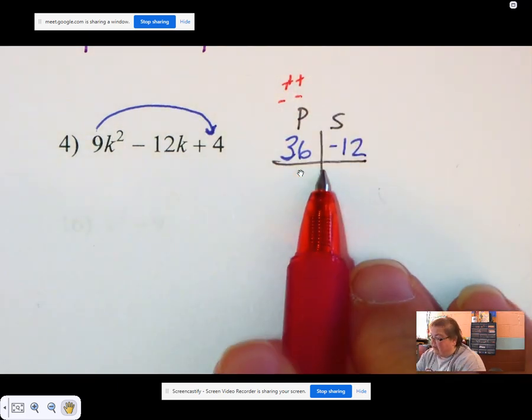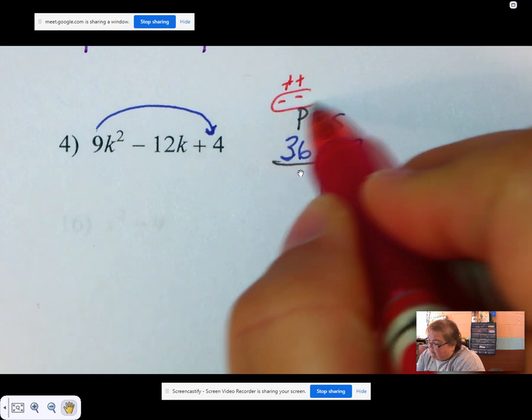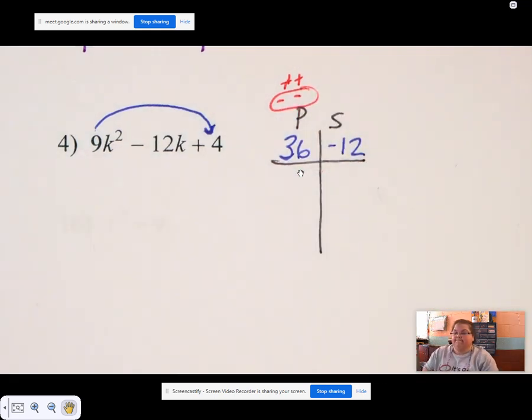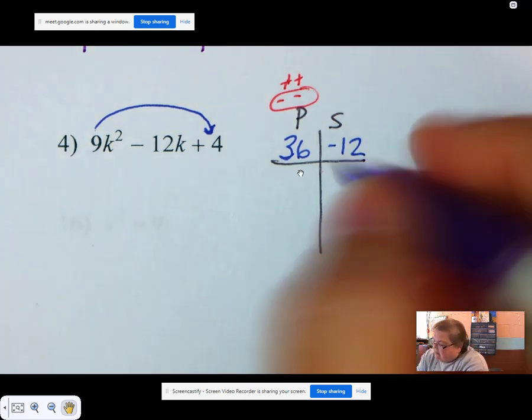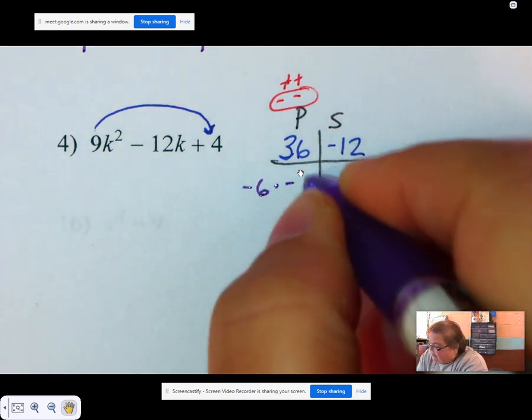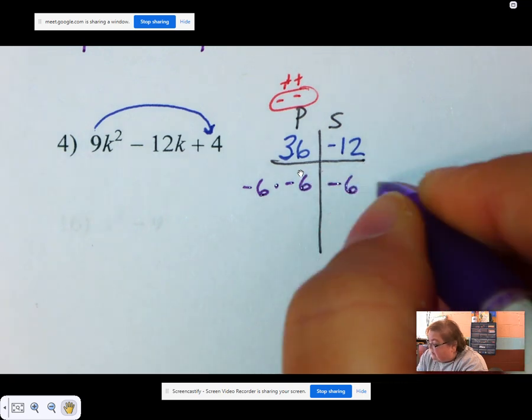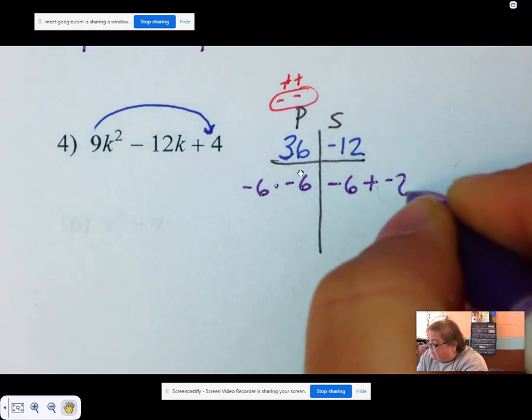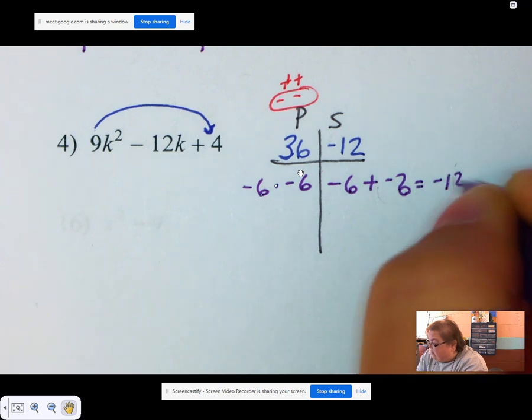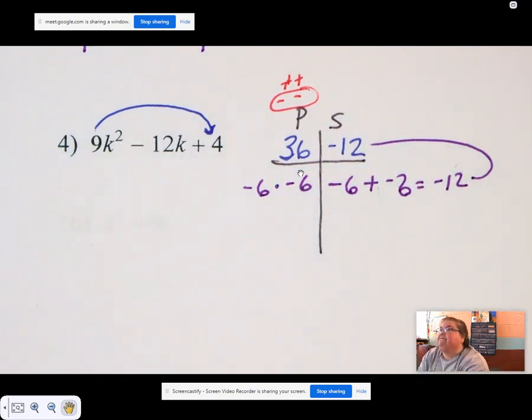If my sum is negative, then they're both negative. What can I multiply together to get 36? Isaac? Excellent. Negative 6 times negative 6, because negative 6 plus negative 6 is negative 12. Found it.